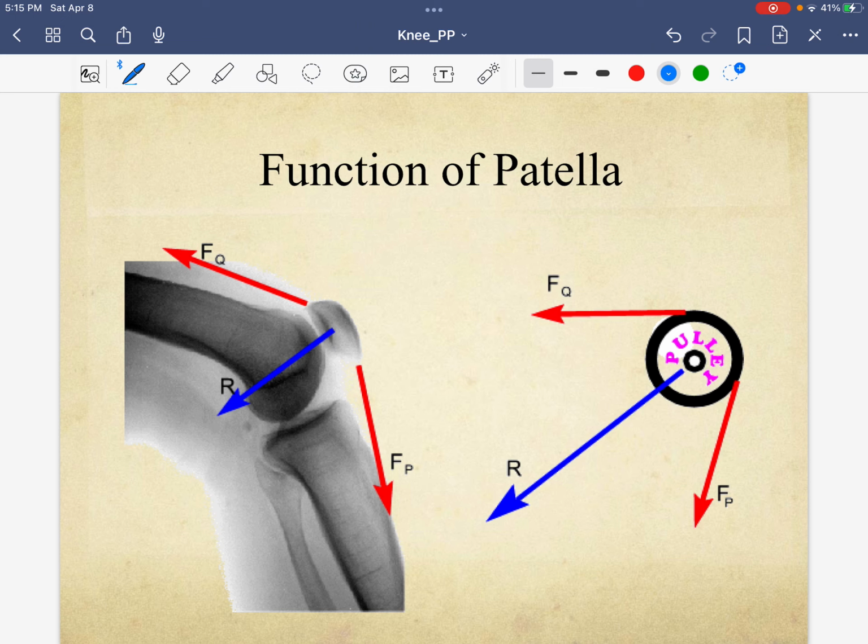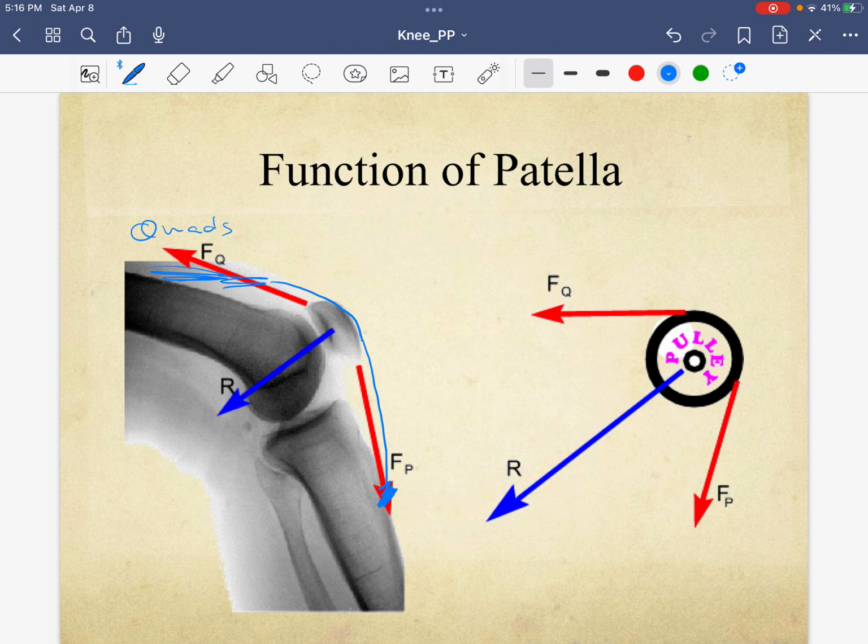So there actually are some important functions of the patella. One of them is that it increases the angle of pull of the quadriceps. So we know the quadriceps are up here. The quadriceps tendon crosses over the patella, and the quadriceps attach on the tibial tuberosity.